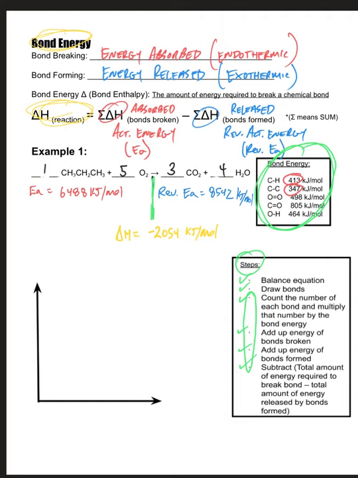Okay, so now I'm going to connect this to our potential energy diagrams, and that's what we did last week, just so you can see the relationship between what we just did and what you did last week. And on a potential energy diagram, you always start off with your reactants, and your reactants here are CH3, CH2, CH3, and O2. And those reactants are going to absorb a certain amount of energy, which is still labeled right here.